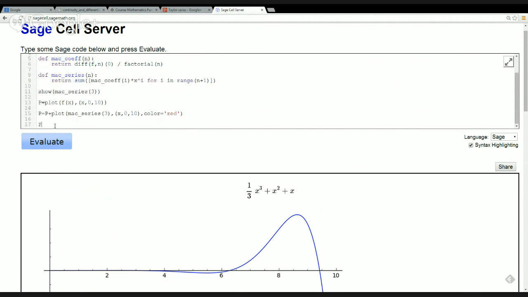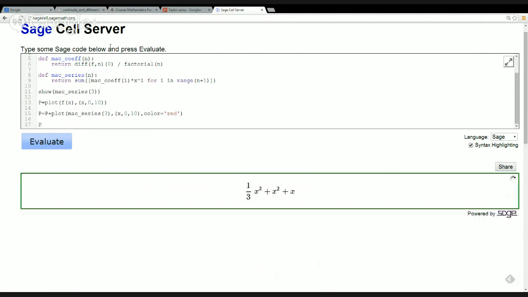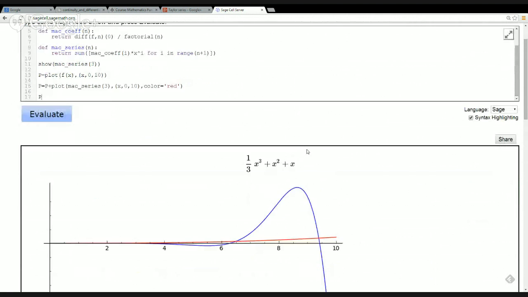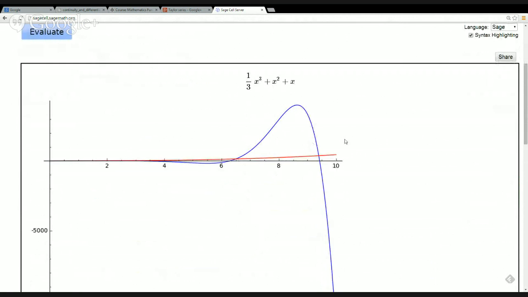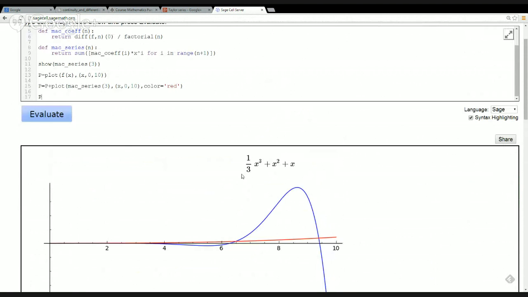And then have a look at the plot P. So you can see some interesting features here. You can see that the two functions, maybe I should pull the range back a bit, pull it back to 5.